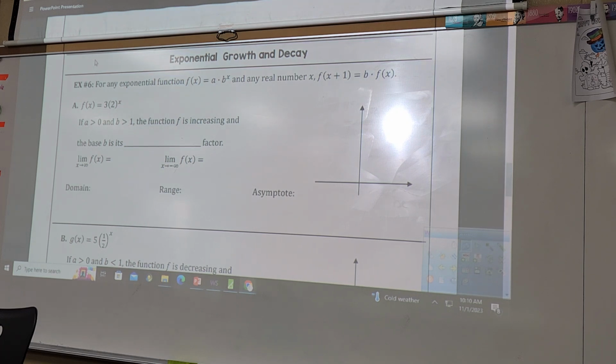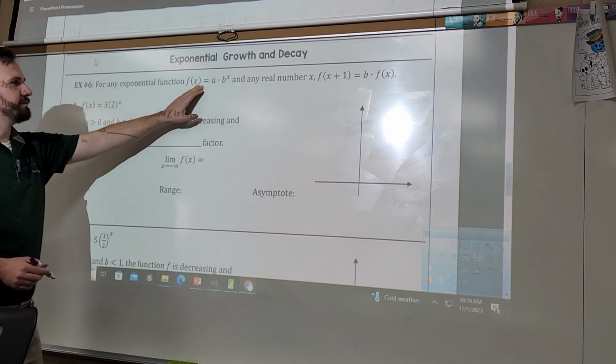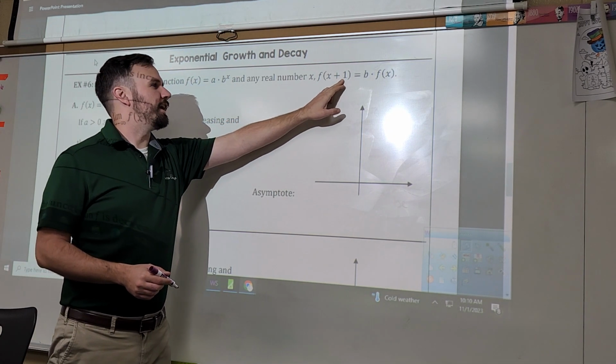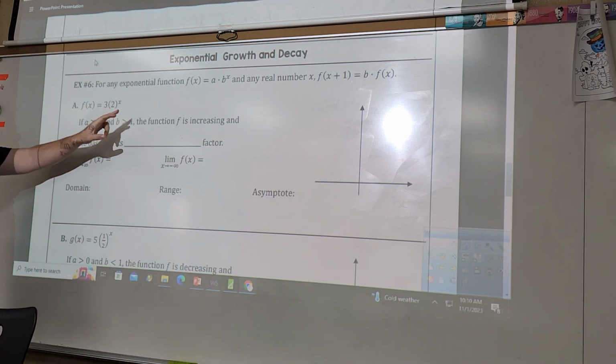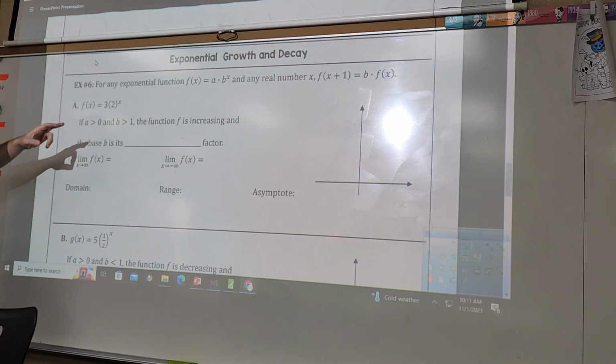Now we're going to just look at the functions, and we're going to bring in domain and range, because why not? So for any exponential, f of x plus 1 equals your b times f of x.